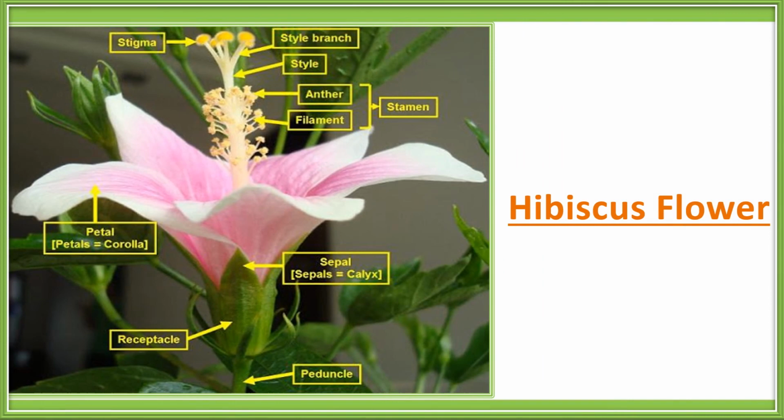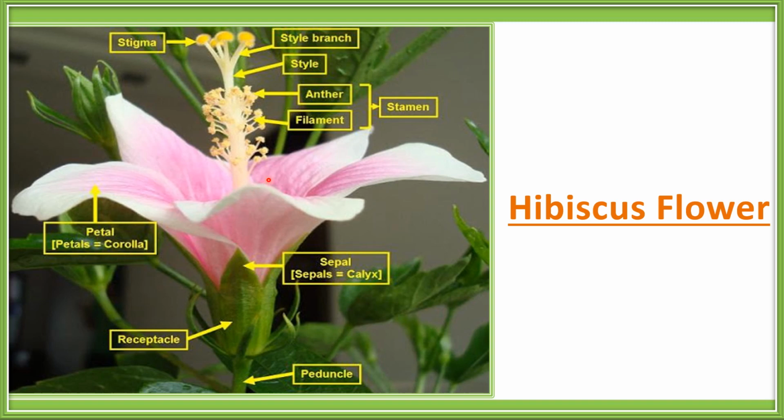Now, when we look at the different names, we name the parts of the hibiscus flower. You can see it has got down the pedicel. Then we come here. This is what we are calling the epicalyx. Then here we have the calyx, the sepals, which are fused. Then we have the petals, which we call the corolla.